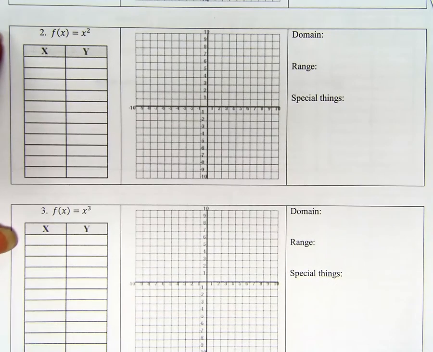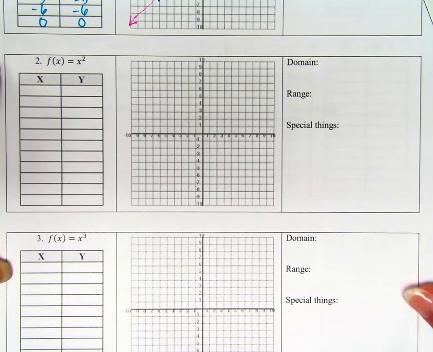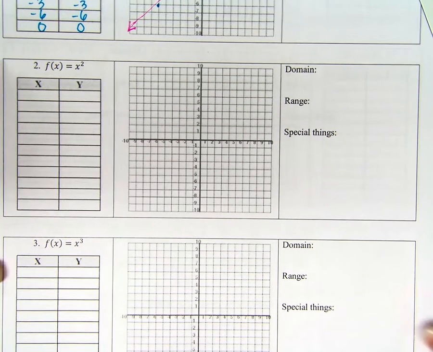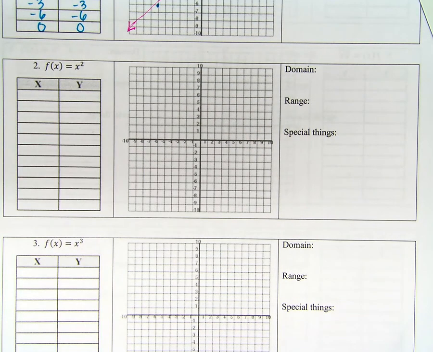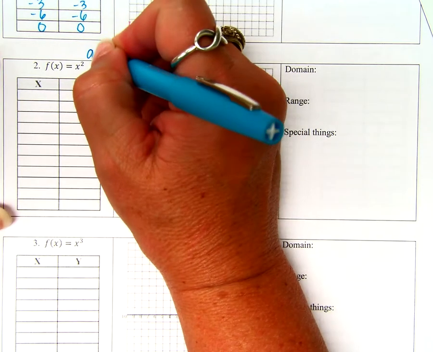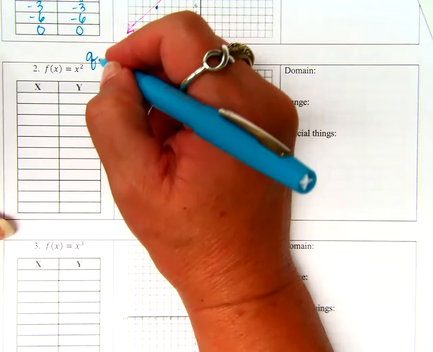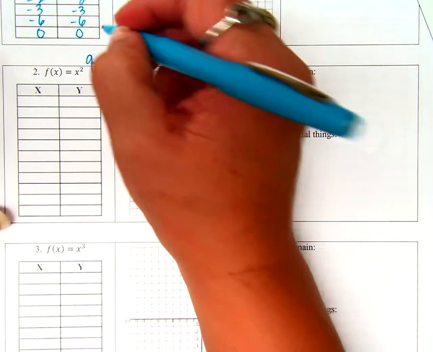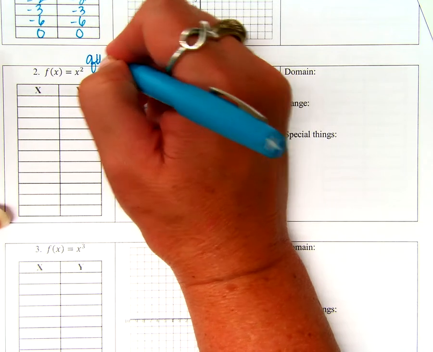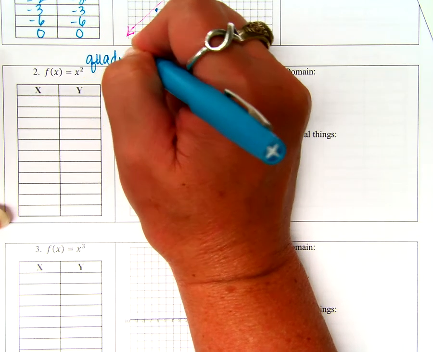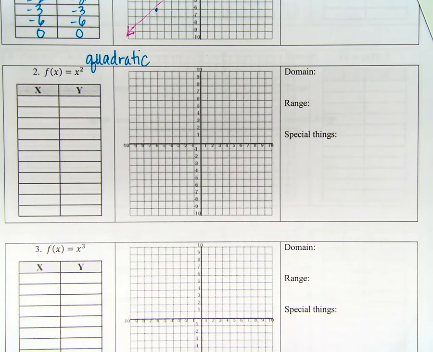Okay? What about number 2? It's squared, so what's it called? Do you remember what kind of function it is? Quadratic. Yes, close. It's a quadratic.